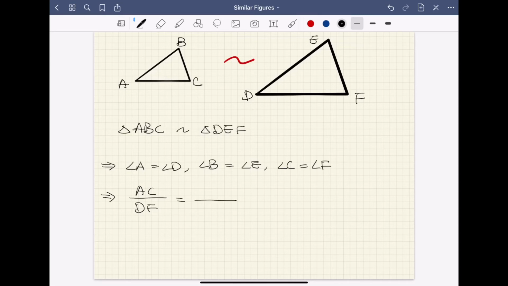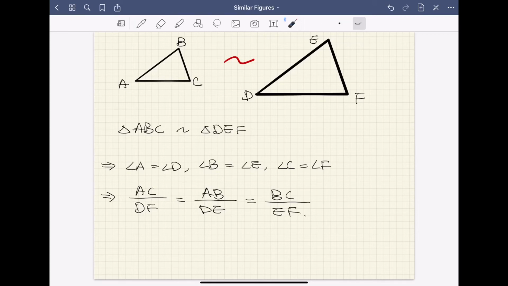So the corresponding side for AB is DE, so AB over DE. And this is also equal to BC over EF. Okay, so this is the part where the corresponding sides are proportional.